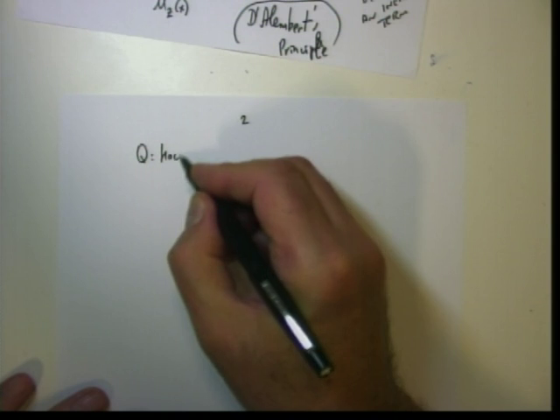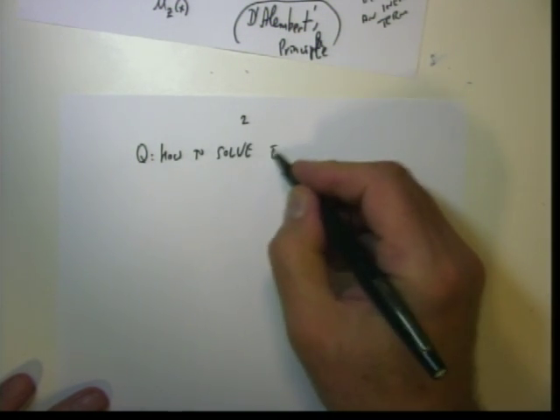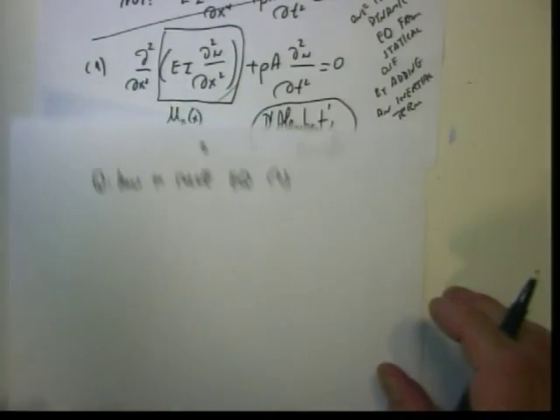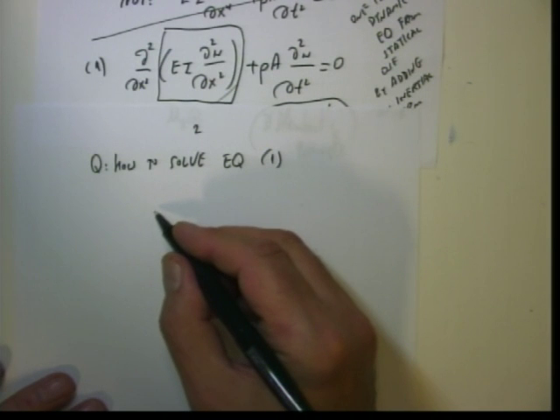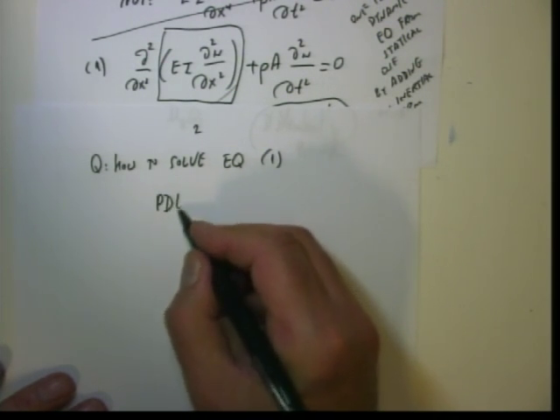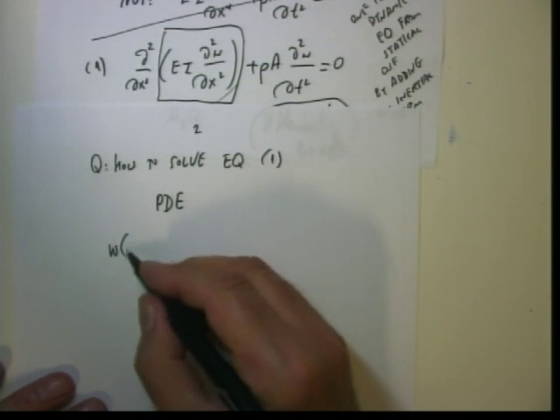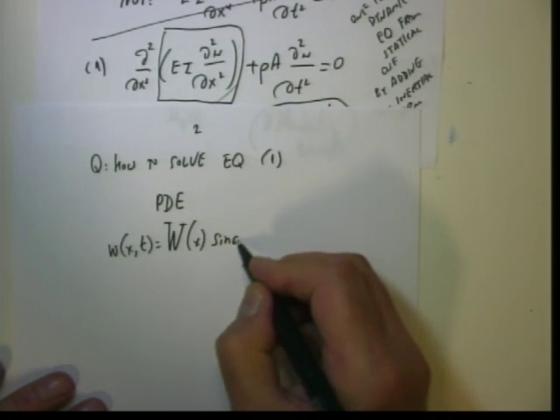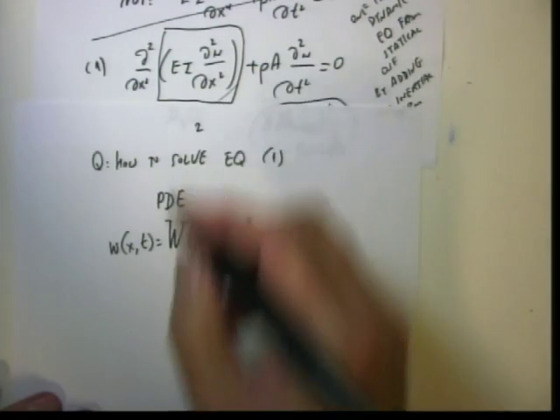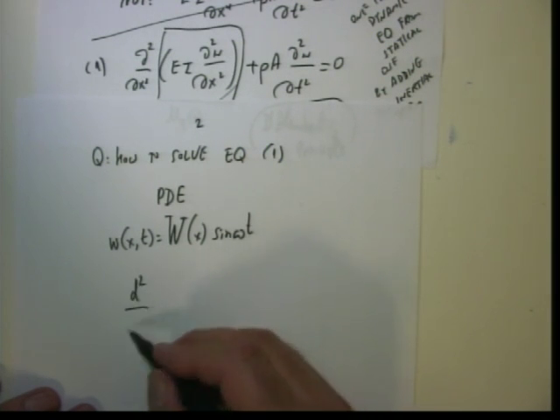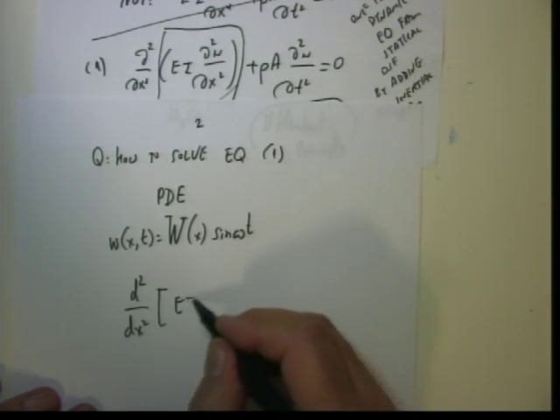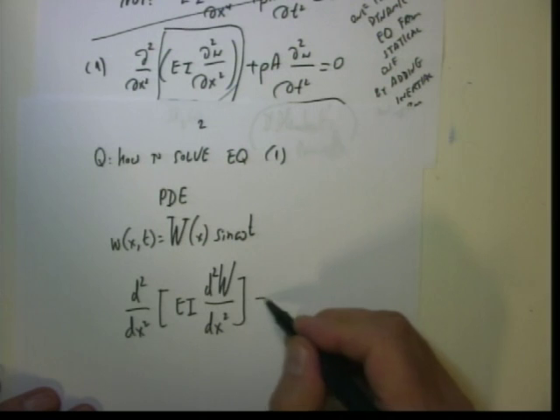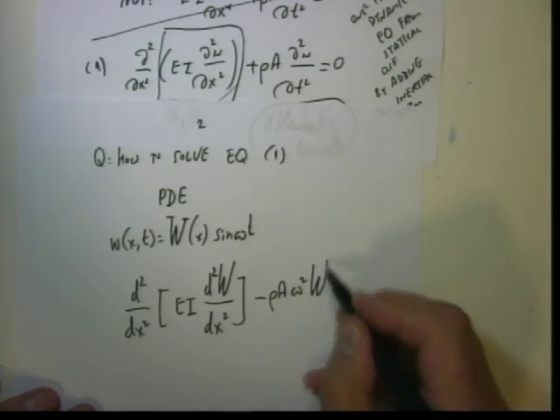Question: how to solve this equation 1? Something can be simplified. This is a partial differential equation, so we can write w(x,t) equals capital W(x) sine omega t. I substitute here, and I get d2/dx2 of EI d2W/dx2 minus rho A omega squared W equals 0.